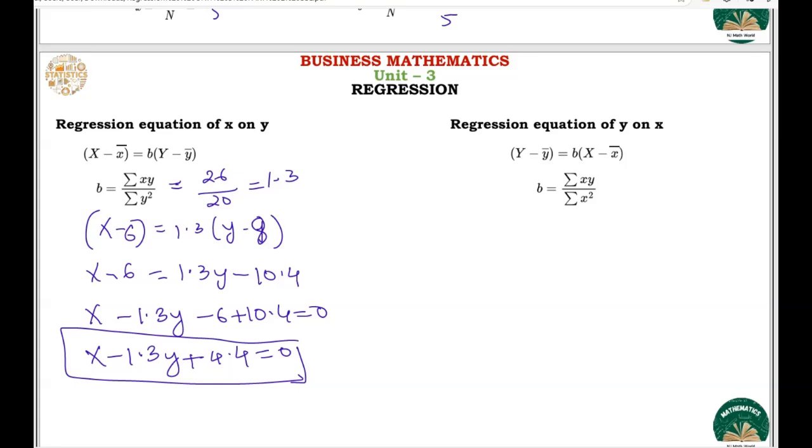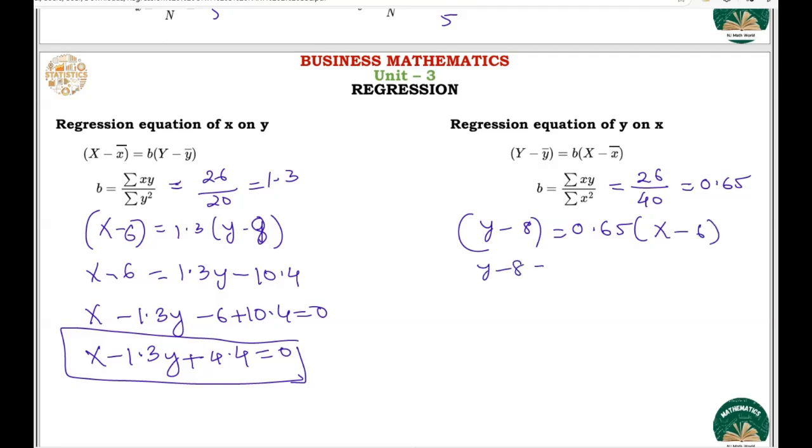So yeah, next you have y minus y bar. This is 26 divided by summation x square. X square is how much? X square is 40. So when you divide these two, you get 0.65. Then y bar is 8, and this b value is 0.65, x bar is 6. So y minus 8 equals 0.65 into x minus 0.65 into 6, which will be 3.9.